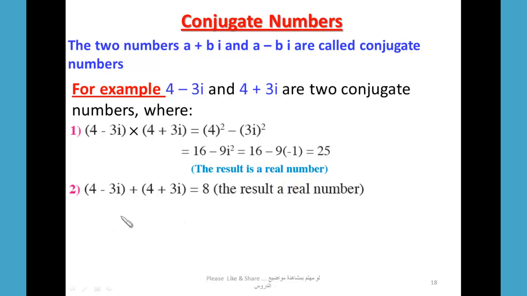And for the summation, we have 4 plus 4 equals 8, negative 3i plus 3i equals 0. So the sum is a real number. So the product of two conjugate numbers is a real number, and the sum of two conjugate numbers is also a real number.